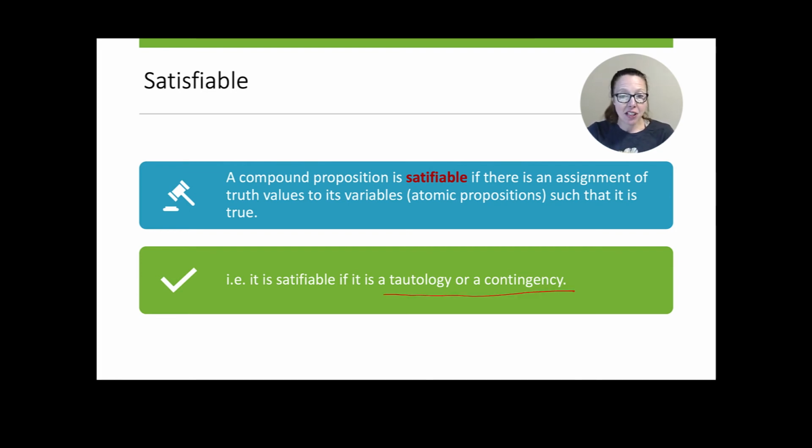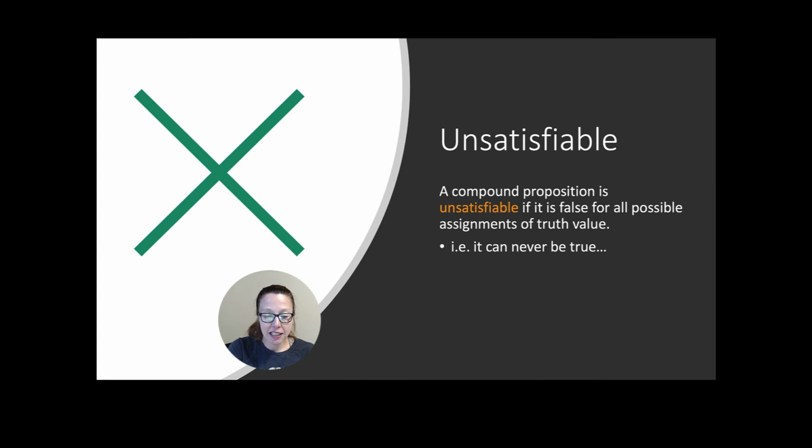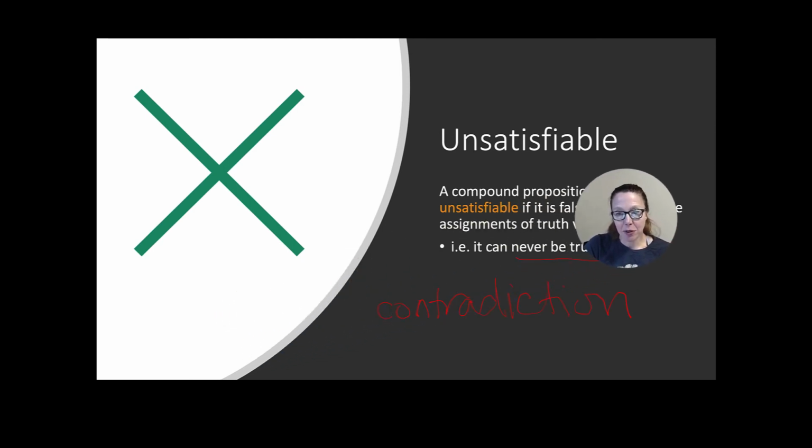If the proposition is a tautology or a contingency, it is satisfiable. If there's no way to make it true, if it's a contradiction, then it is unsatisfiable. This can happen if a compound proposition is false for all possible assignments of truth value. It can never be true. So if our compound proposition is a contradiction, then it is unsatisfiable.